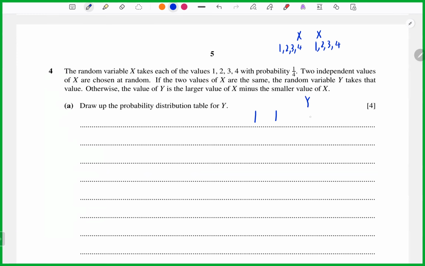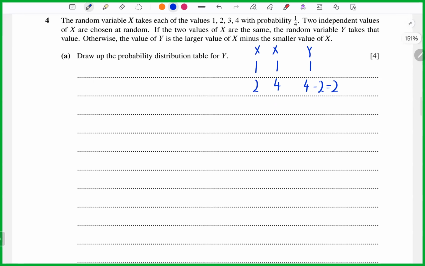So your y, you will take 1. If your x gets number 2 and the other x is number 4, right? So we will take 4 minus 2 equals 2. I hope you can get this meaning.